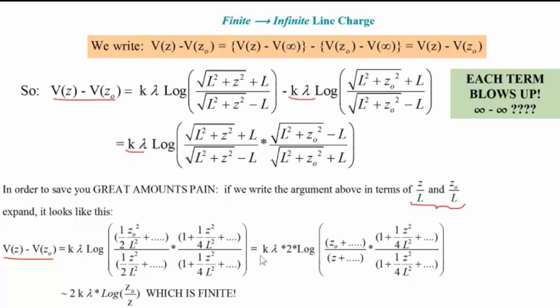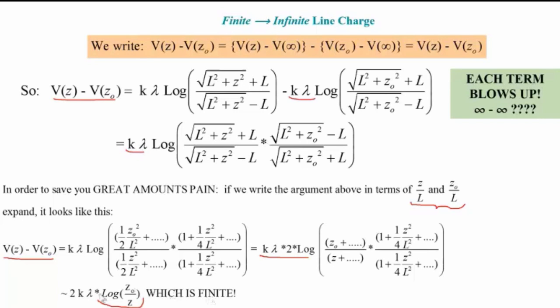If I rewrite it in terms of taking out these squares, I get a 2 times the log of these factors here. So what I've done is I've taken the squares right here. So I'm only taking that first term. That's why the 2 comes out. So when I'm done, this is 2k lambda times this function here, which is finite.